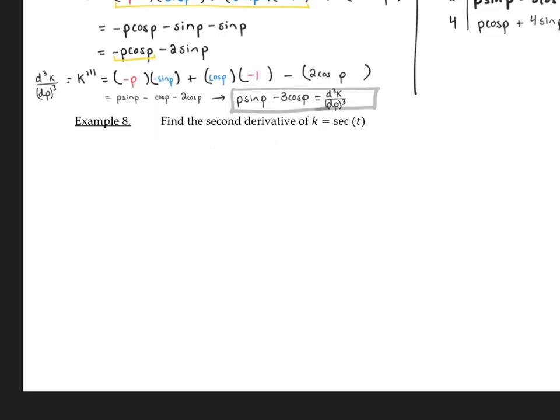Okay, the last example on this page is to find the second derivative of k equals secant of t. So we'll start by taking the first derivative, k prime, and to do this, we remember our trick. We don't even need to write the other ones, because if we want to keep secant, then our derivative is secant t tangent of t.